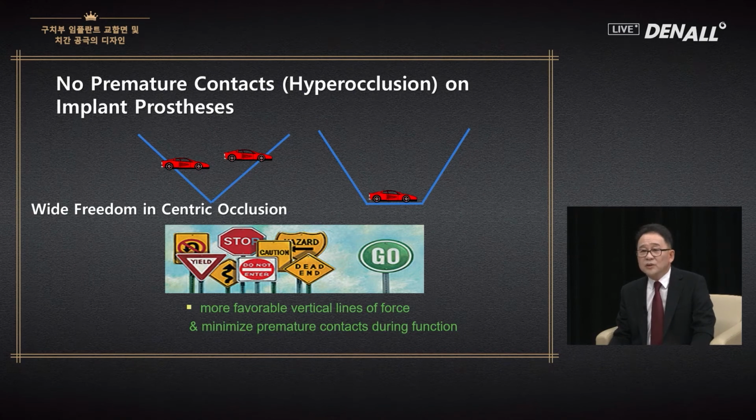This is my favorite concept, the wide freedom in centric occlusion. This is from an old article. Cars collide with each other on the V form. Freedom of centric. If it is 1.5 millimeters, the space is important.